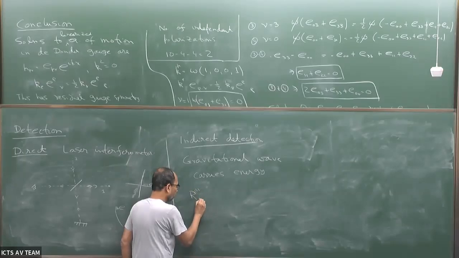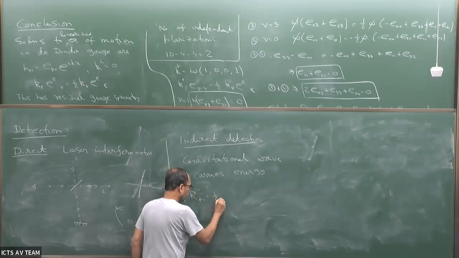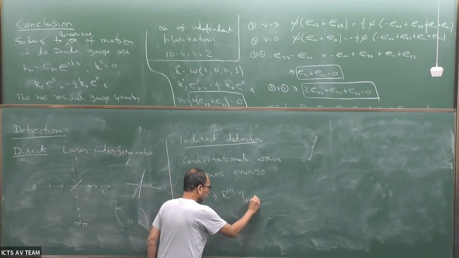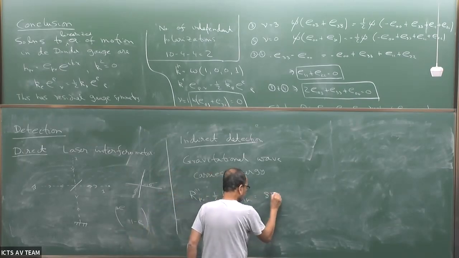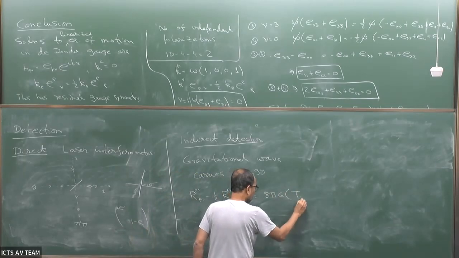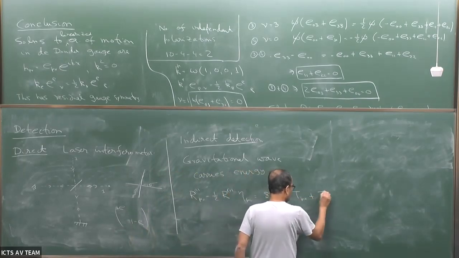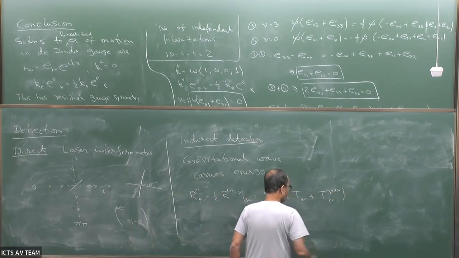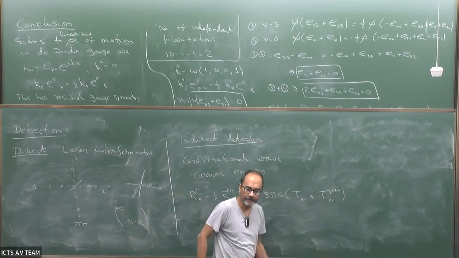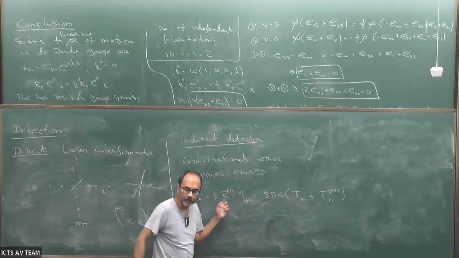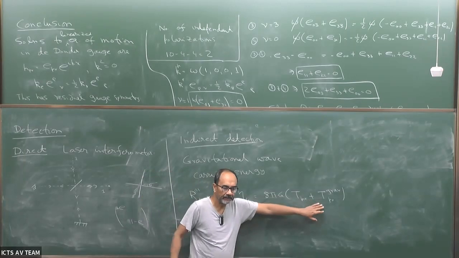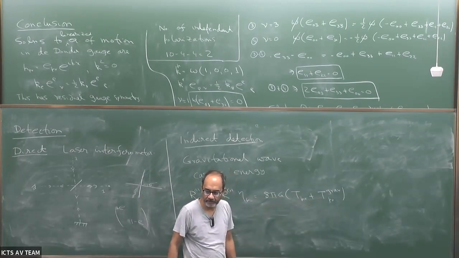R1 mu nu, the linear term, minus half R1 eta mu nu is equal to 8 pi G times T mu nu plus T gravitational mu nu, where this T gravitational mu nu is basically everything that came from the nonlinear part of this. That's how I define this 8 pi G T gravitational mu nu.